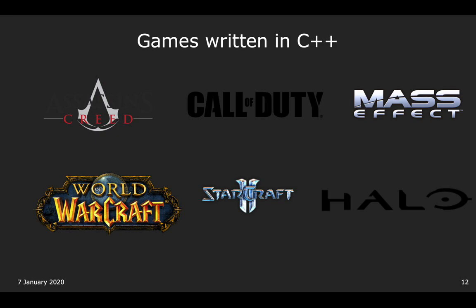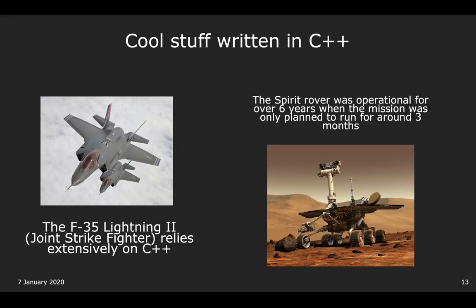To combat that, a lot of these games require really high performant languages. You'll notice I keep saying high performant, because that is one of the biggest strengths of C++. We'll delve a little deeper into what exactly high performance means later in this lecture when we talk about the history.